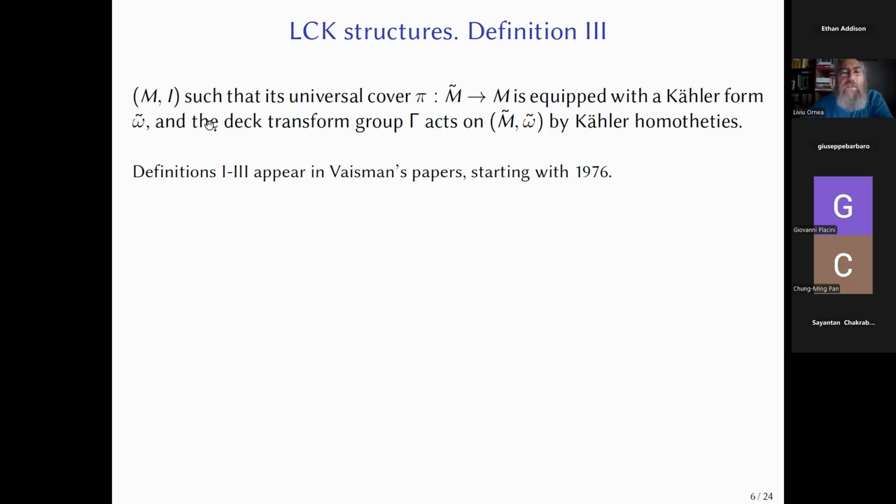Of course, you don't need to look necessarily at the universal cover. You can ask for the existence of a cover together with a Kähler form and the deck group acting by Kähler homotheties. And then, of course, you will have the same thing on the universal cover and so on.